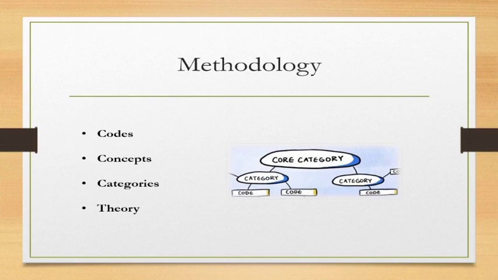The third stage is the category stage, which consists in broad groups of similar concepts that are used to generate a theory. Then, the final stage is the theory stage, which consists of a collection of categories that detail the subject of the research.